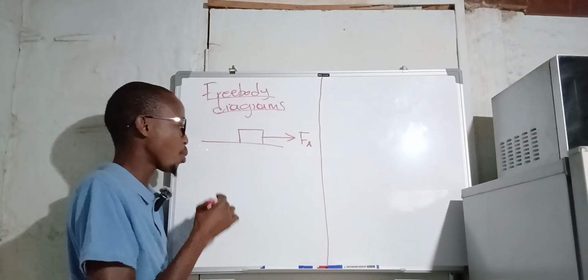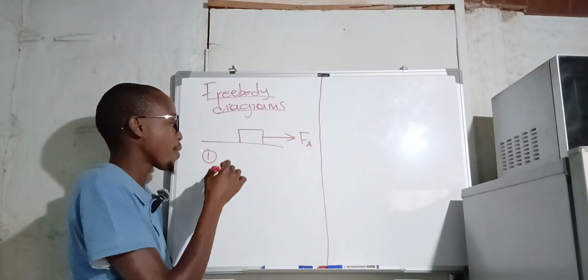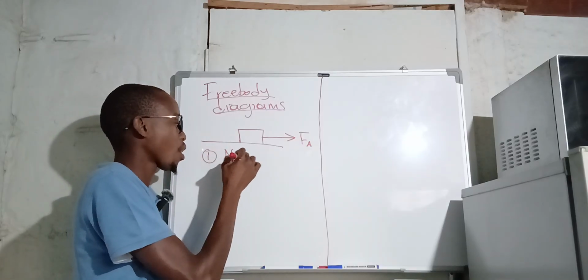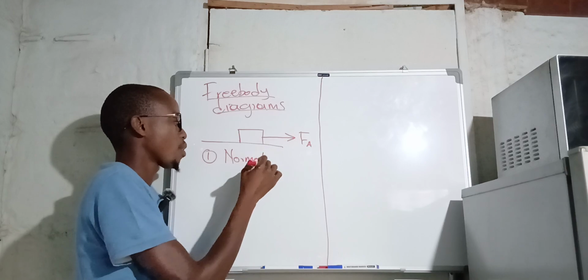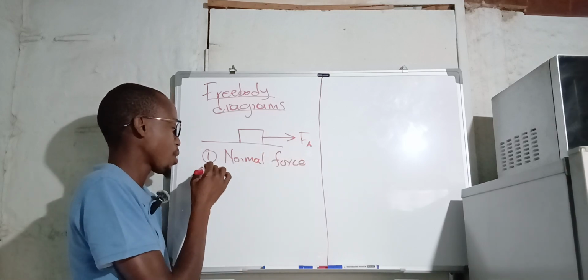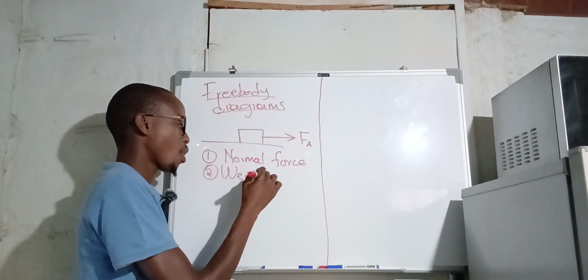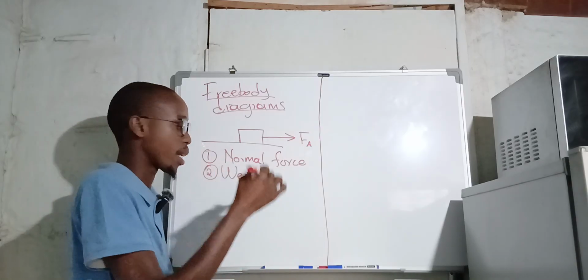For one, you need to know a few things. An object on a horizontal surface has four forces. Number one is normal force. Number two is weight, or force due to gravity.